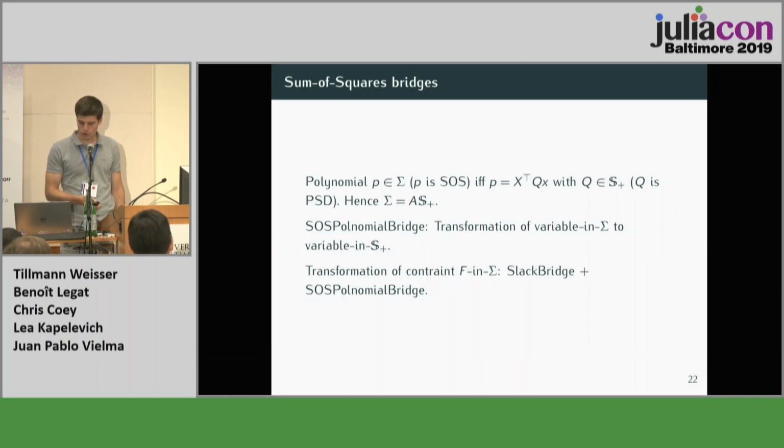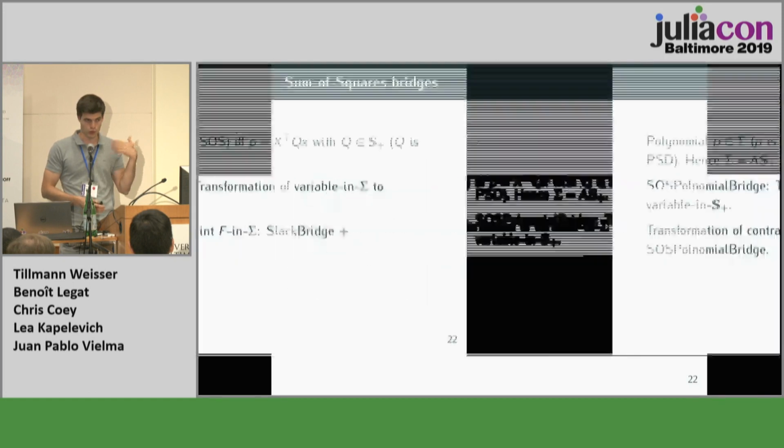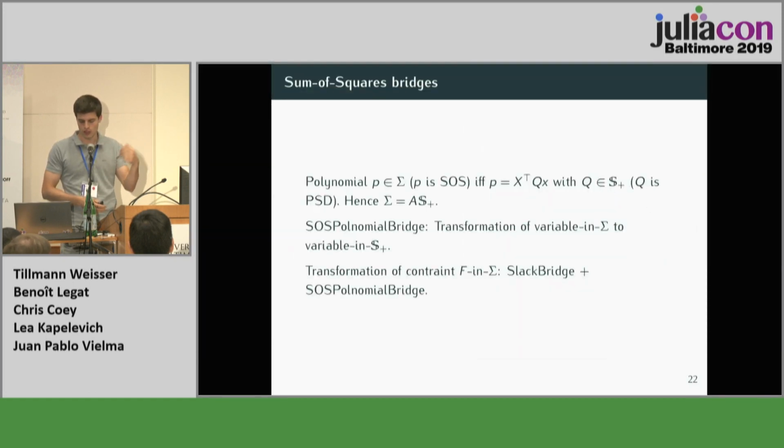And if the user creates a sum of squares constraint, it can first combine the slack bridge to say the coefficients of this constraint are equal to some slack, and the slack is a sum of squares polynomial variable. To create a sum of squares polynomial variable, you can use the SOS polynomial bridge. So by creating only one bridge, we can support sum of squares variables and also sum of squares constraints.